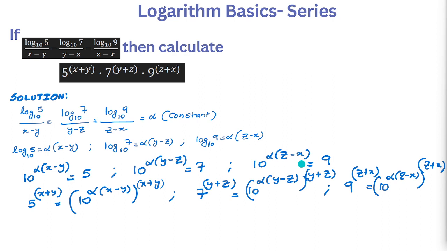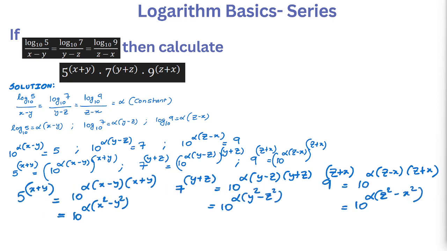Similarly, the conjugate of this is neither y plus z nor x plus y. It's z plus x. So we put both sides to the power of z plus x. That gives us 9 to the power of z plus x equals 10 to the power of alpha times z minus x, all to the power of z plus x. Now we're simplifying these three expressions.